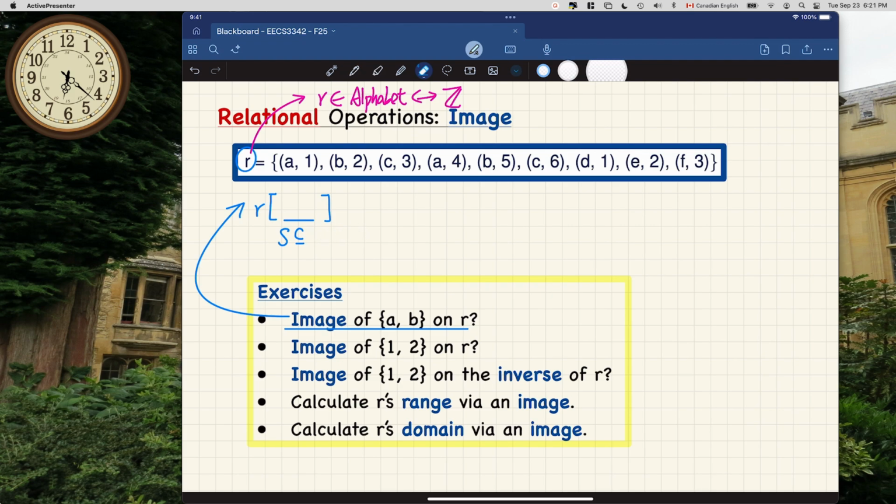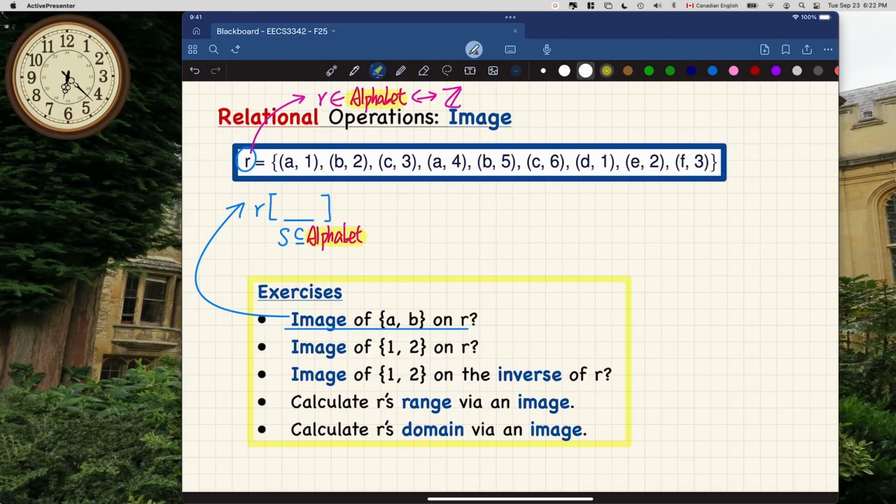In order for us to calculate this one here, sorry about that, we've got to make sure the set we pass over here is something that's valid. It's got to be some alphabets for us to calculate. All right, so it must be alphabets. So the alphabet is really the first set that we have over here.